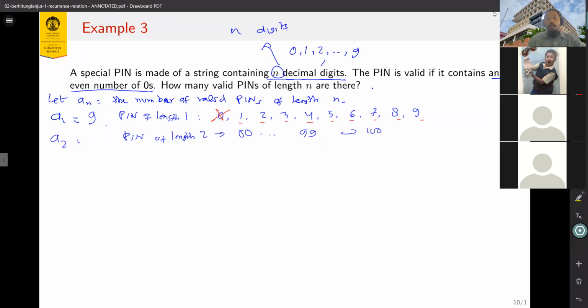Now, which of them is valid? Or let's rule out the ones that are not valid.